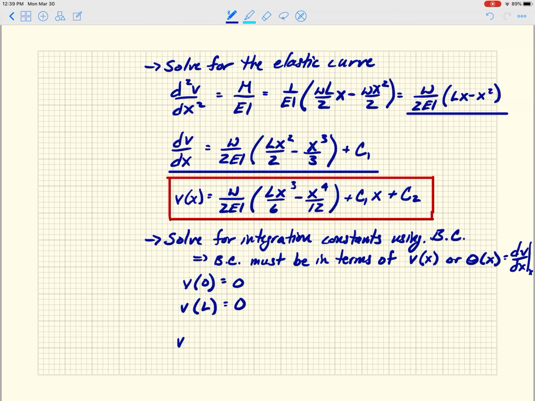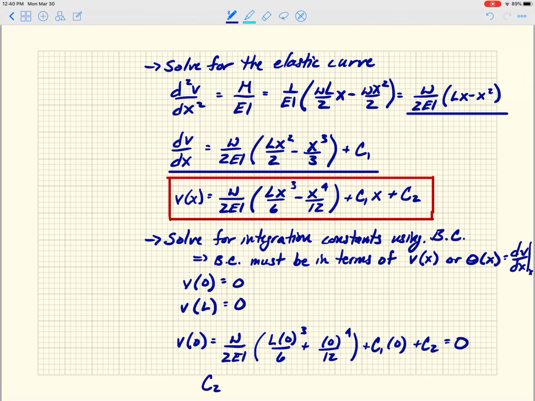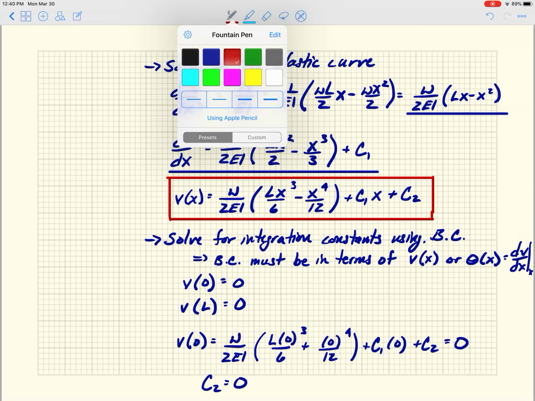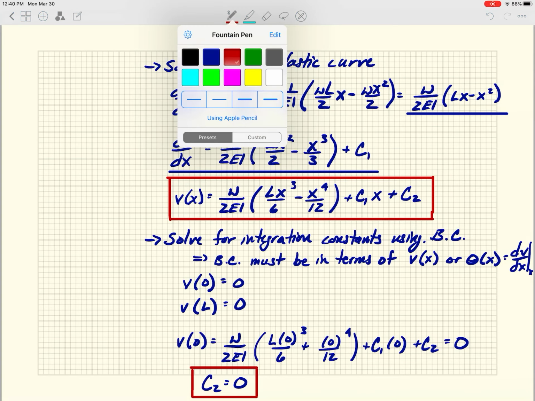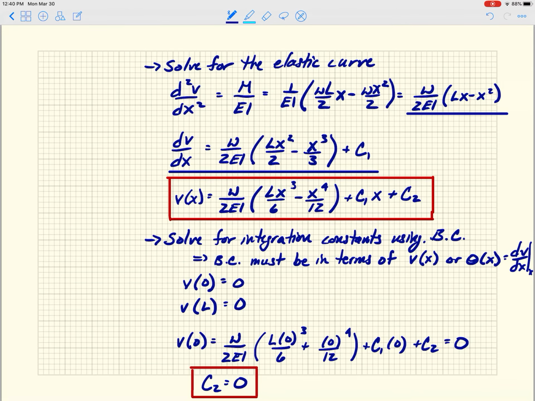If I substitute in the first boundary condition, I get W over 2EI times L times 0 cubed over 6 plus 0 to the 4th over 12 plus C1 times 0 plus C2 has to equal 0. From this, we get that C2 must equal 0. So that's my first constant of integration.